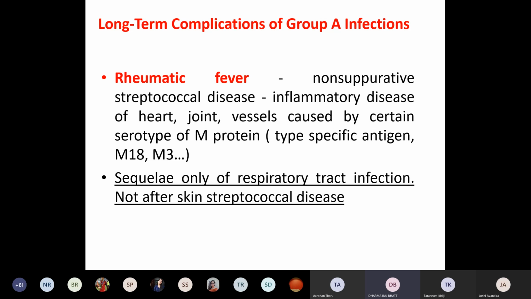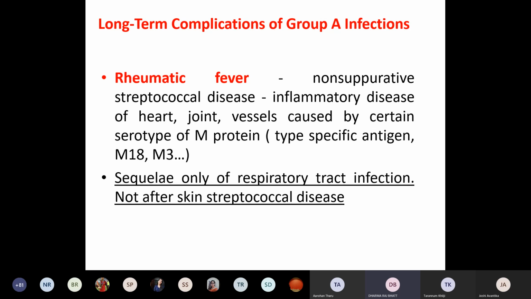But certain strains of group A streptococci which possess a particular M protein, for example M3, are known as cardiogenic strains, which have a tendency to infect the heart tissues because of the presence of this protein.